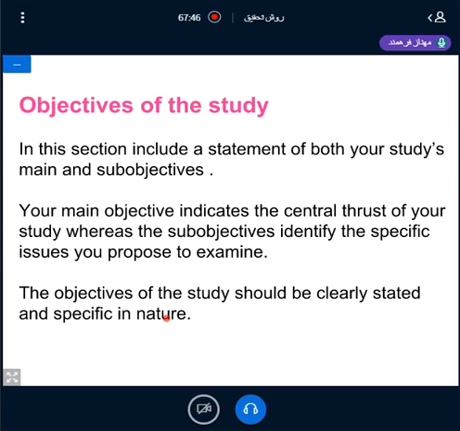So the clarity of your objective is very important. It must be very clear and indicate the thrust of our study. And the sub-objectives identify the specific issues that we are going to examine.